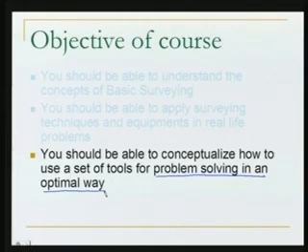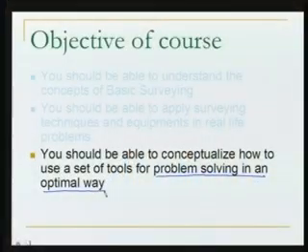Another important point, and that is problem solving in an optimal way. While we do surveying in the field, there are many possibilities, hundreds of possibilities a single problem can be solved by. Now, out of those hundreds of possibilities, which one is the best one? That is the point. So what we have to do, we have to find a solution which is optimal. Optimal in the sense that optimal in terms of the cost, the time, the resources, accuracy, and all those things.